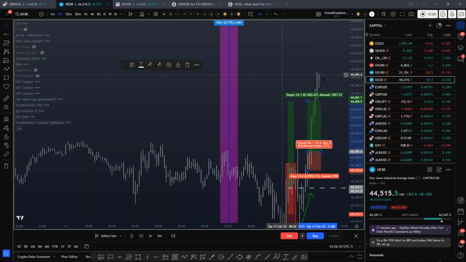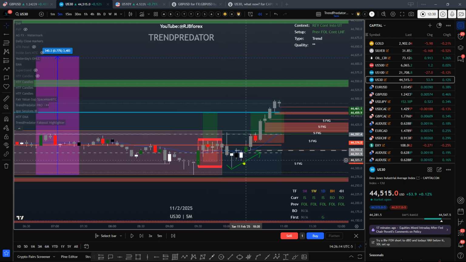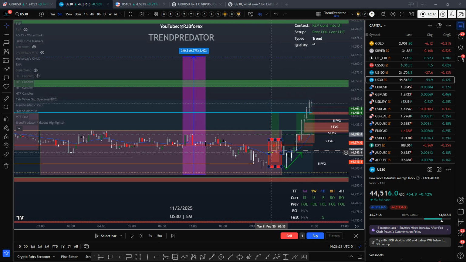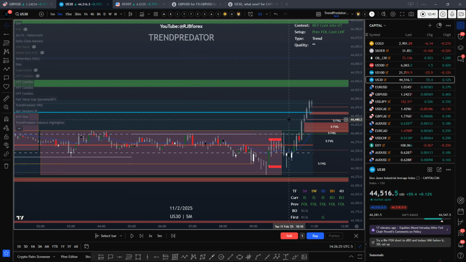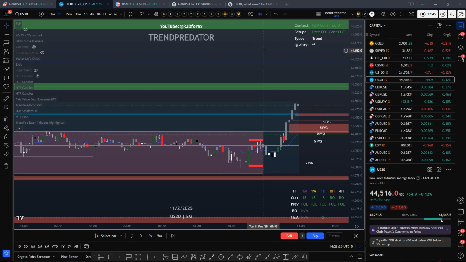So there you have it. That's the fake out indicator combined with the TrendPredator Pro for very nice, high probable trade setups, so long as you use your own discretion.